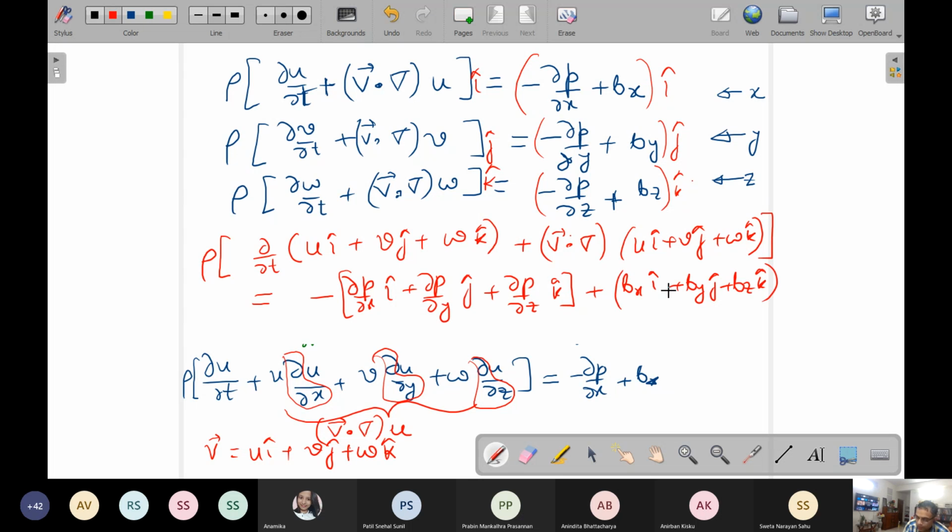So this is where we have clubbed up all the like terms from the different components, and now we will write it in a single compact vector form.